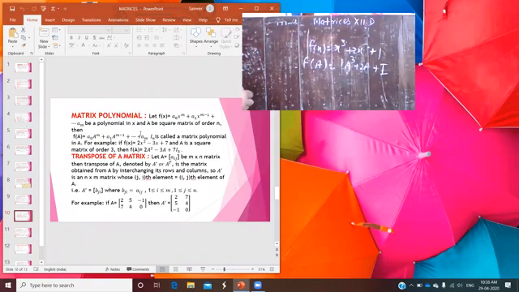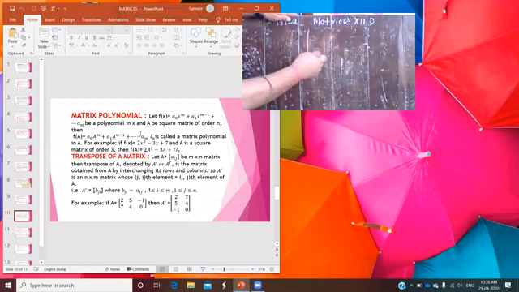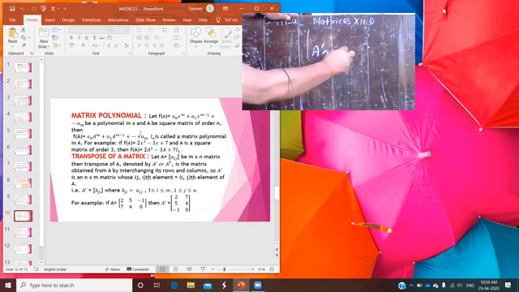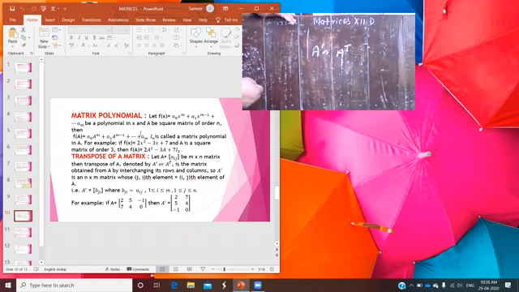The transpose of matrix A is represented by A dash, or sometimes by A^T. So A' or A^T is the notation for the transpose of a matrix.